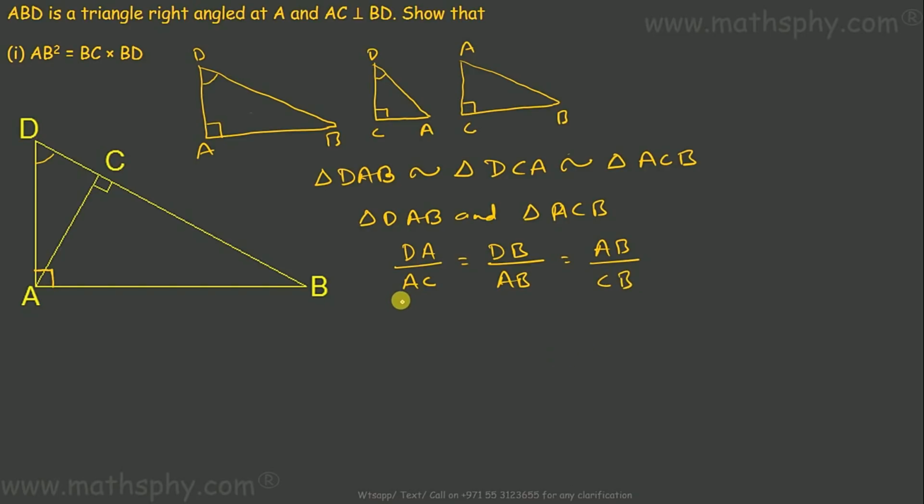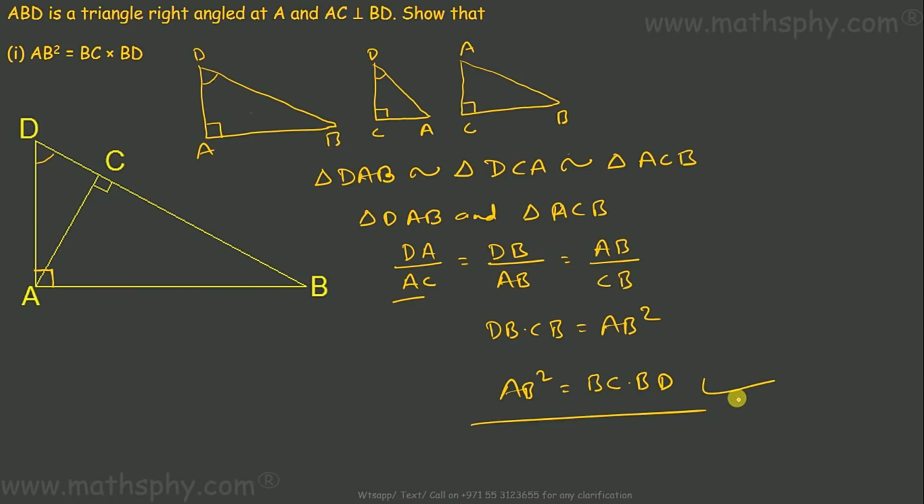Okay, let's keep this aside. Let's take this one. DB into CB equals to AB into AB, AB square. I can write this as AB square equals to BC into BD.